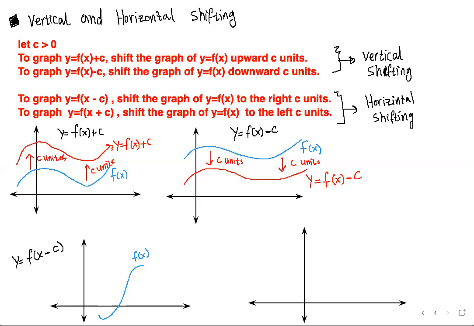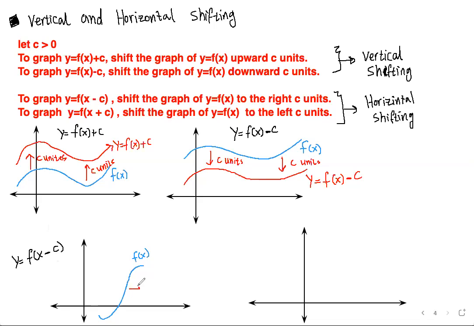What does that mean? What does that mean by using the first four rules? Shift it to the right. Shift it to the right, exactly. How many units? C, whatever C is. C units, exactly.